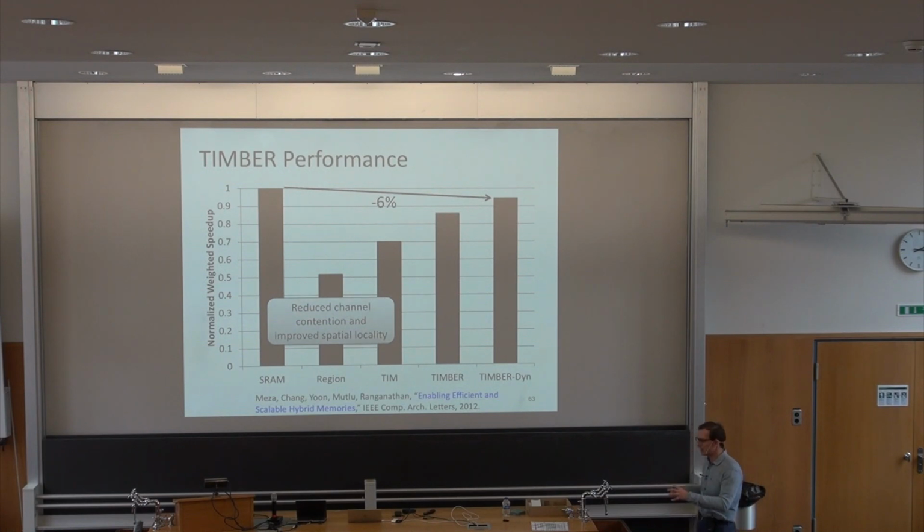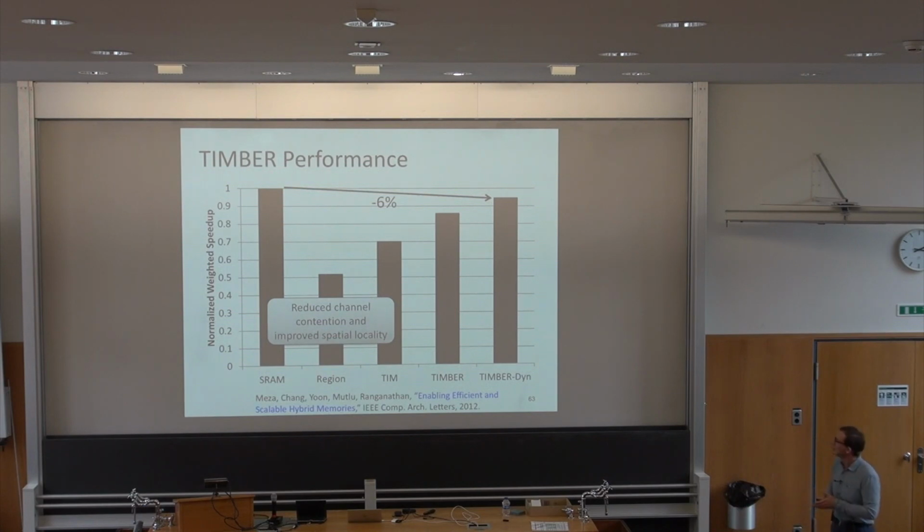Part of it is for tags, part of it is for data, and you first access the tag space to get a hit-miss signal, and if you get a hit, you access the data space. So they're not in the same row, tags and data. And as you can see, the performance loss compared to having a tag store that's on-chip SRAM is huge. You basically are slower by 2x, right? If you interpret this data, that's 0.5x, you're slower by 2x.